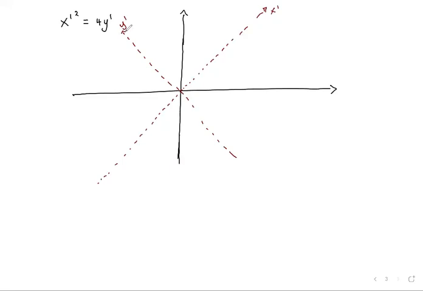So you sketch now in the new axes. When y prime is 0, you get 0 also for x prime. And since x prime is squared, this will just be a parabola that opens along the y prime axis.